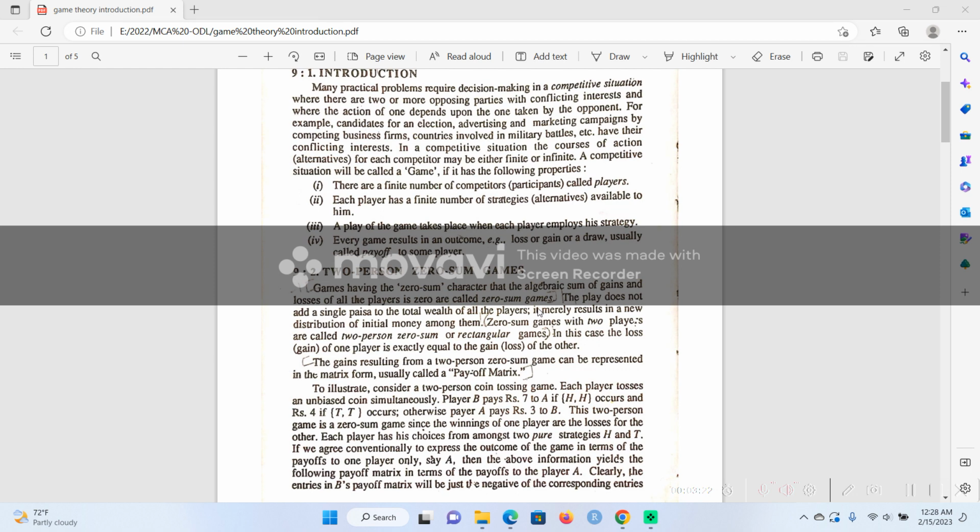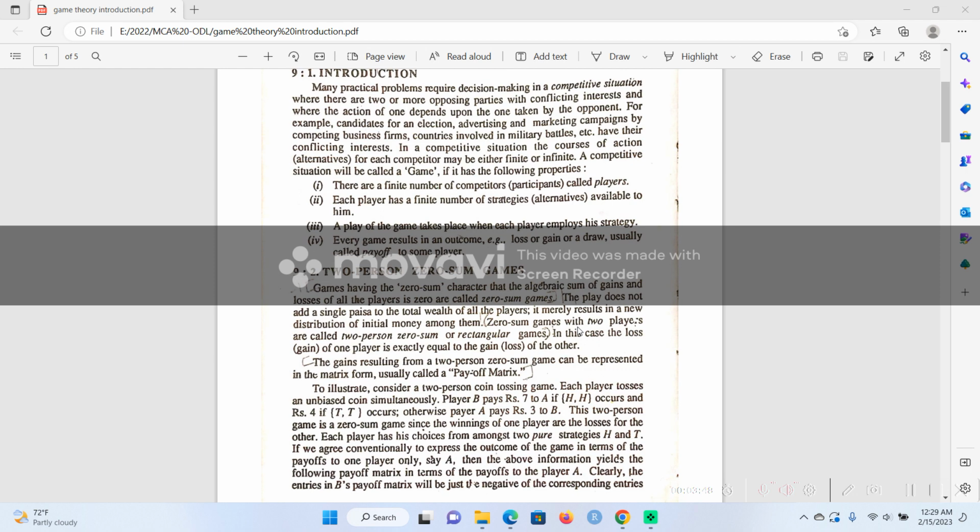The play does not add a single paisa to the total wealth of all the players. It merely results in a new distribution of the initial money among them.